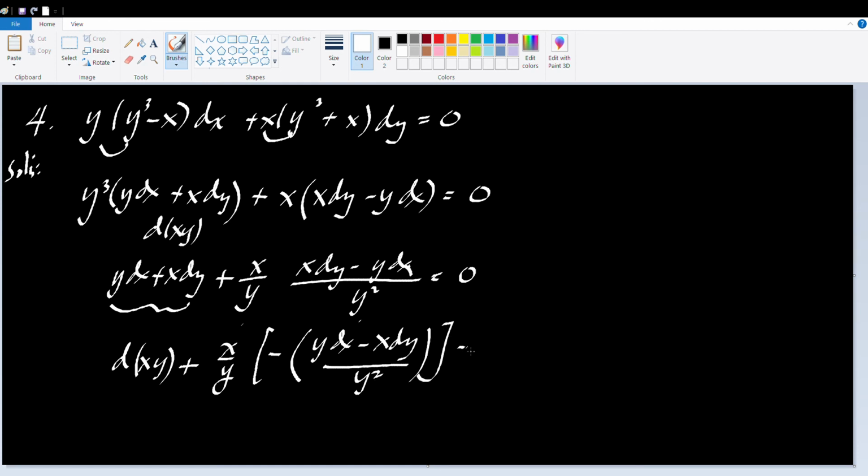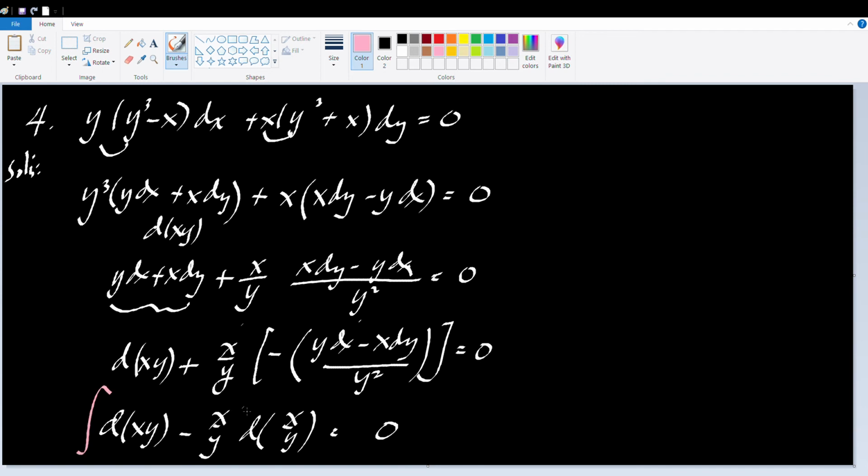Alright? This is the exact differential of negative x over y. So we just rewrite this as the differential of xy minus x over y, differential of x over y equal to 0.